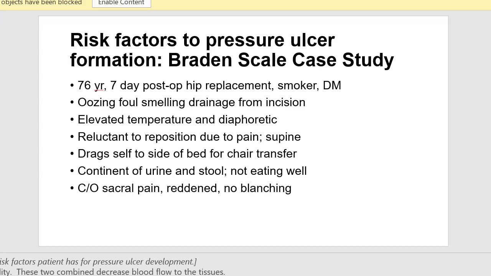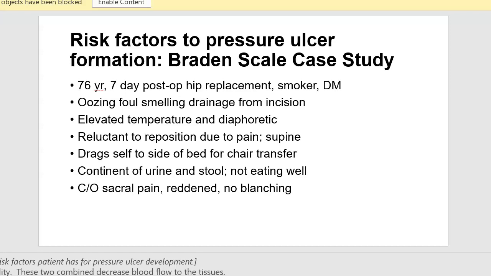So if we have a 76-year-old, 7-day post-op hip replacement patient who has a history of smoking and diabetes, he has some foul-smelling drainage from his incision, he has an elevated temperature, and he is diaphoretic, which means he's sweaty. His skin is wet.